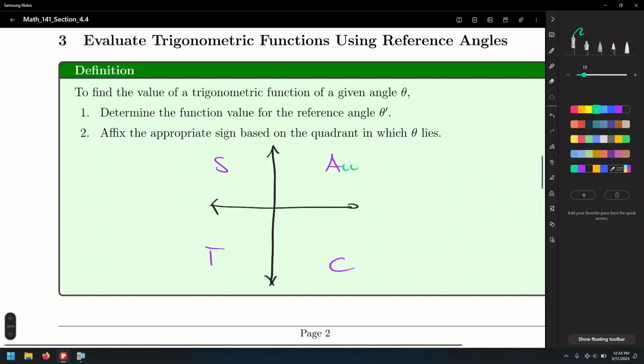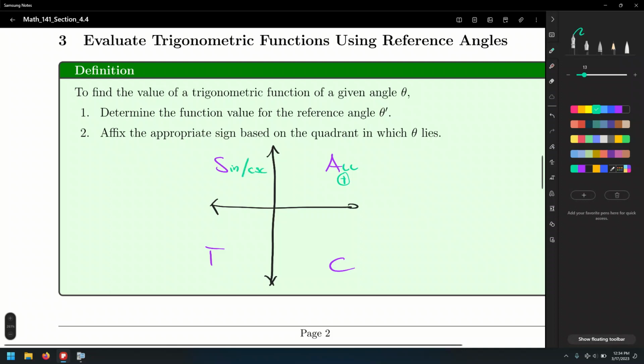All functions are positive. All trigonometric functions are positive in the first quadrant because what do we have in the first quadrant? Positive x and positive y. All right, that's why all functions are positive. Now, what about S? S stands for sine and its corresponding reciprocal, cosecant.